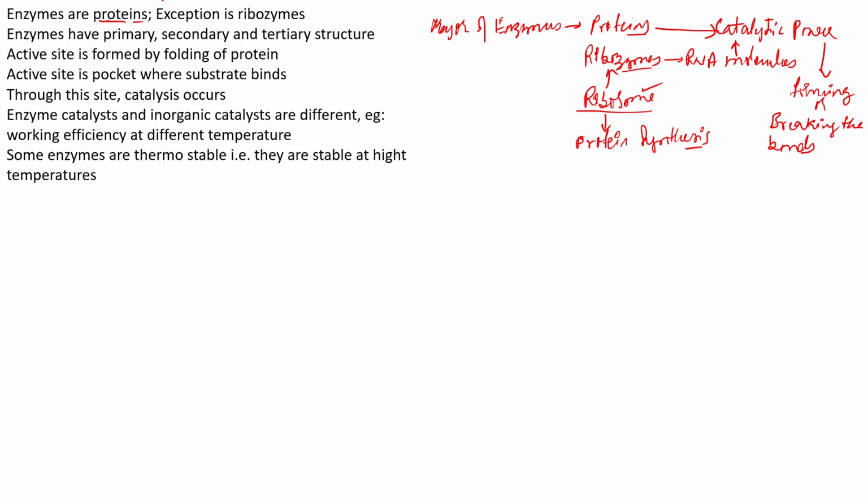Yes. So now, like any protein, as we have said that the major enzymes are proteins, and we know that proteins have different levels of organization. We are referring to the level of organization in terms of the structure of proteins: primary structure, secondary structure, and tertiary structure, right? So similarly, as enzymes are proteins, they also exhibit the primary, secondary, and tertiary structure.